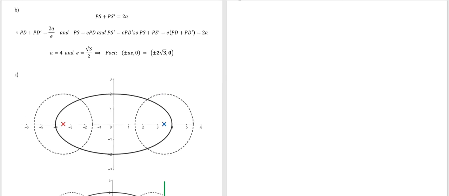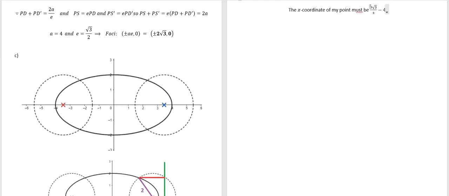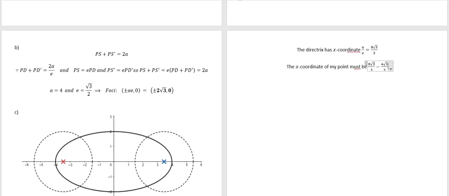If we use the fact that the directrix has x coordinate of a/e, in other words, of 8√3/3, that means that the x coordinate of my point must be 8√3/3 minus what we've just calculated here, 4√3/3, which of course is 4√3/3.